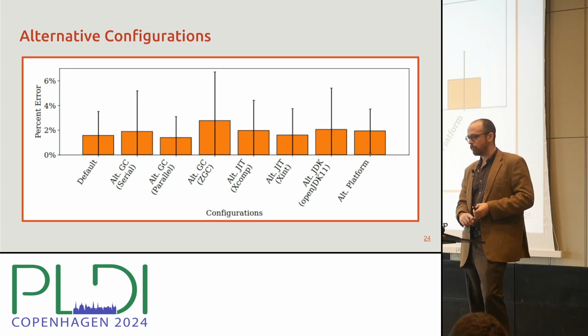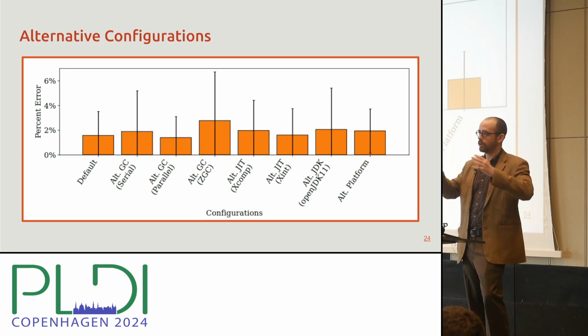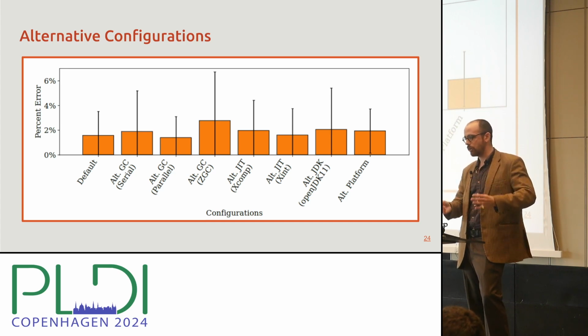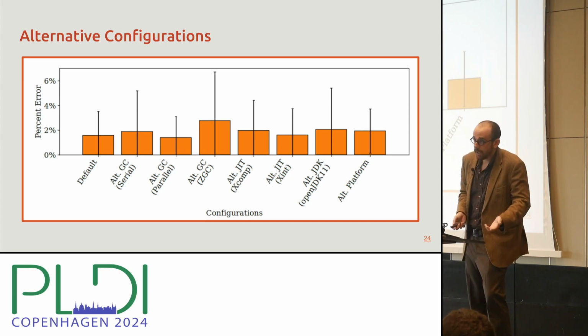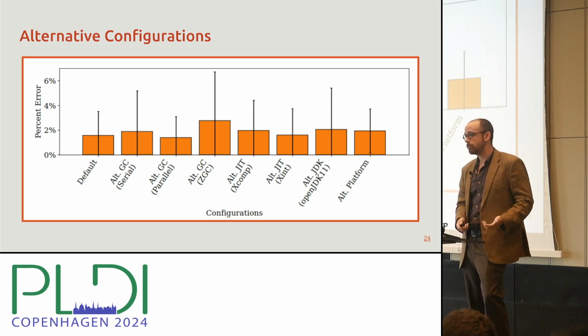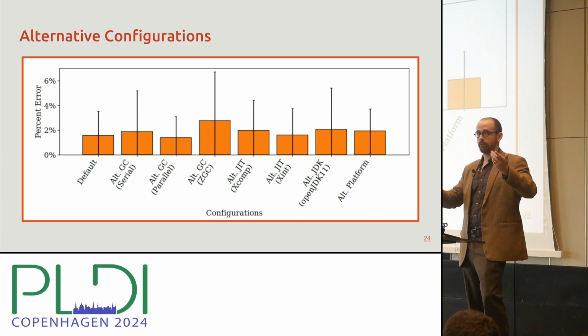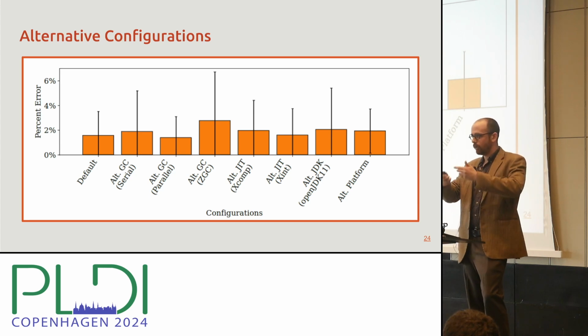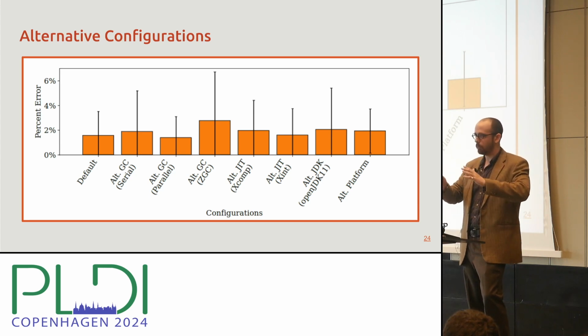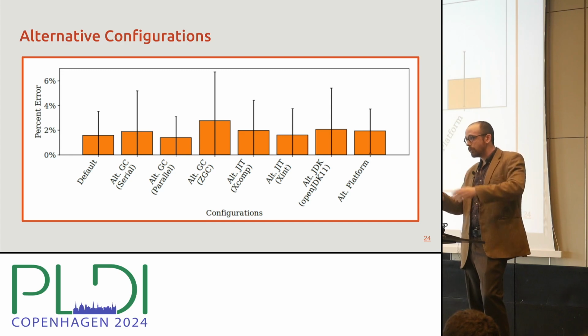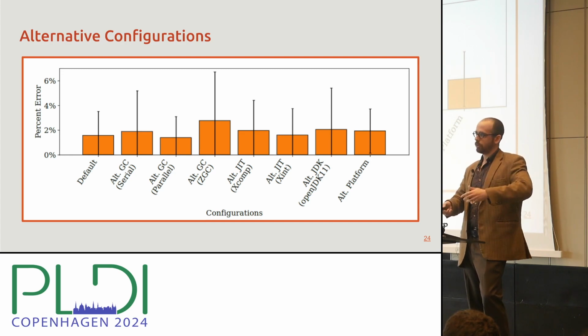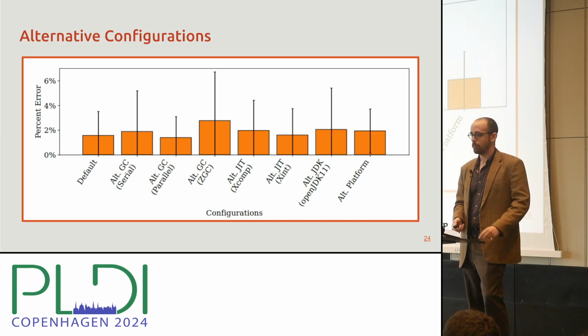We tried serial, parallel, ZGC, different JIT configurations, a different JDK, going from 19 to 11, and that worked just fine. We also tried VESTA on different machines, still an Intel CPU since we're using RAPL, but a different CPU, different Linux kernel, different setup, and it worked just as well. More details on that in the paper itself.